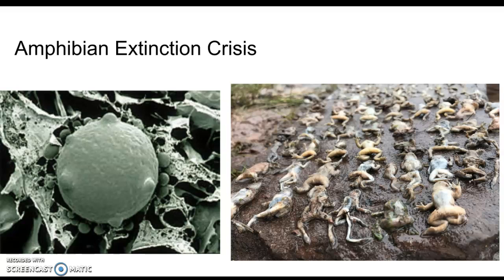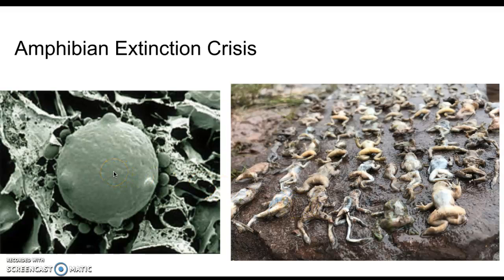This here is a chytrid fungus. If you remember the chytrid fungus, because they have thin skin, they are very sensitive to this fungus, and the fungus will kill significant numbers of them.